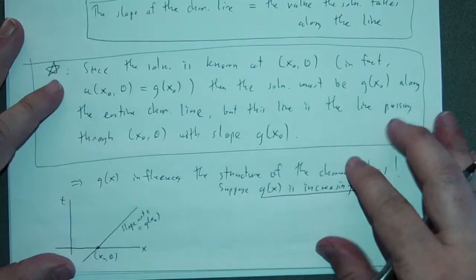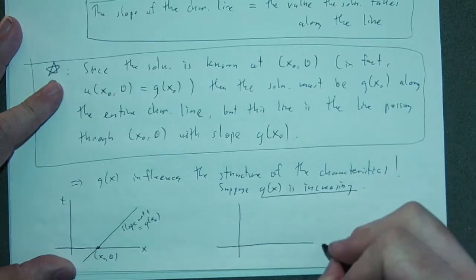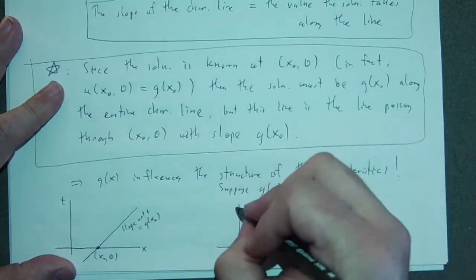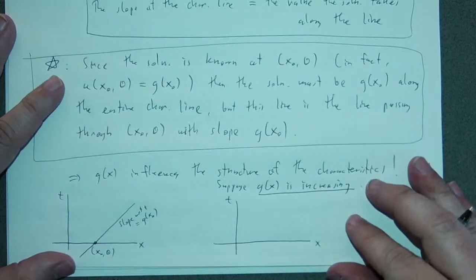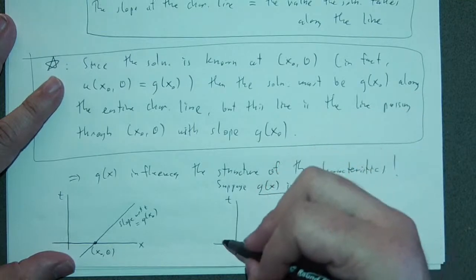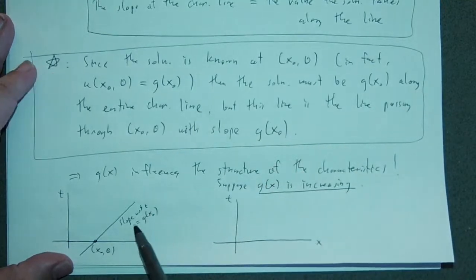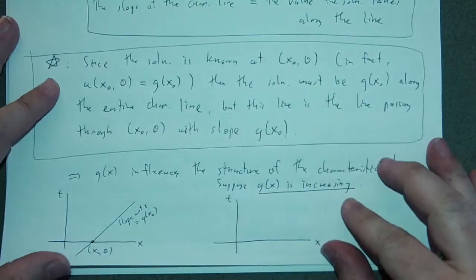Then what would a few characteristics look like? Maybe the characteristics would look something like this. Remember this slope is with respect to t, so it's the reciprocal of the slope that you're used to when you typically see a plane like this.